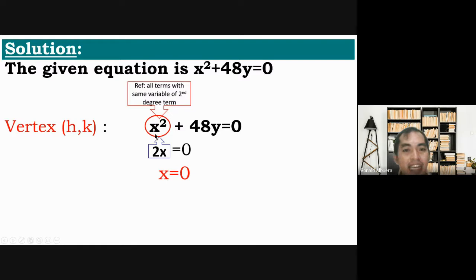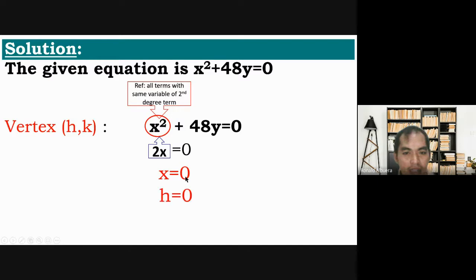Or another technique is, kung walang ibang partner yung variable na x, meaning wala na dyang ibang may variable x, ang may square lang yung x, walang term na halimbawa 48x, meaning the h coordinate of the vertex is 0. Same sa kabila. Kung walang constant term, meaning the variable k is also 0.